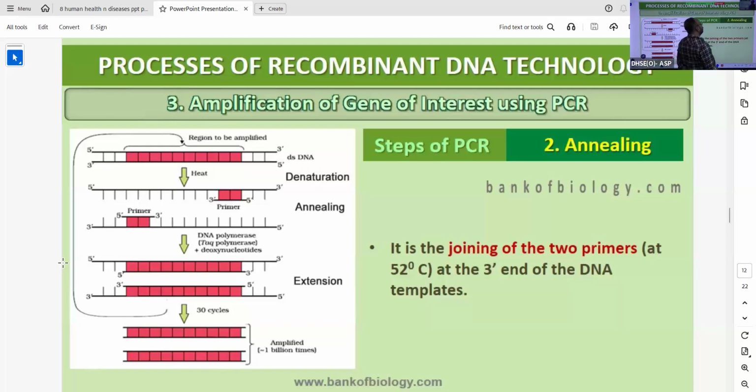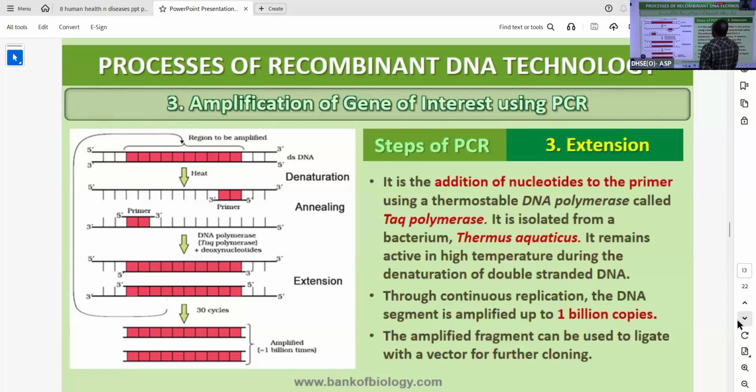Okay? Because of the two primers. Now, then comes extension. What is that? Extension implies elongation of the chain.